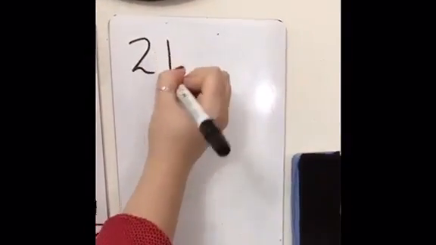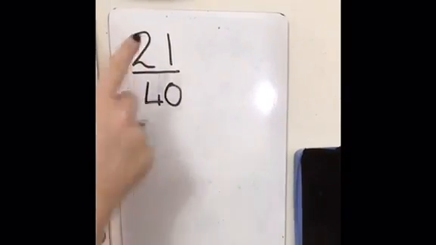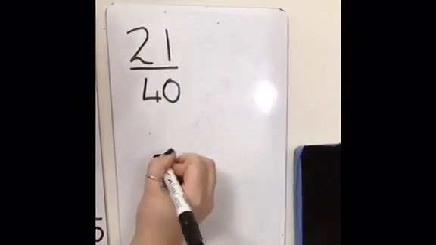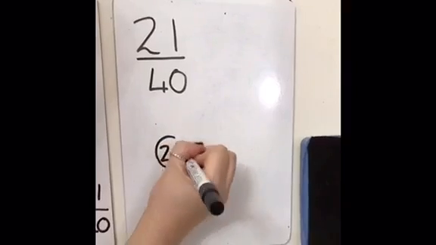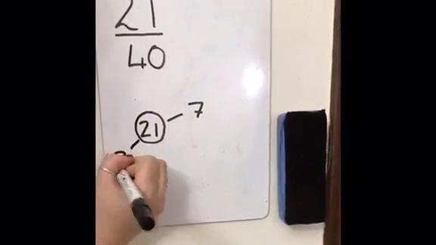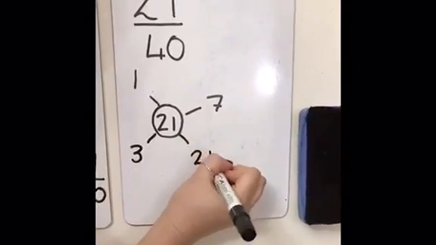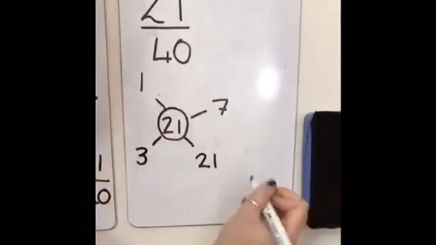Again, I'm not going to stop there because I need to figure out if 21/40 can be simplified. So I'm going to take both my 21 and my 40 and write down the factors of each. Now I can't use method 2 because I have an odd number, so I'm using method 1.